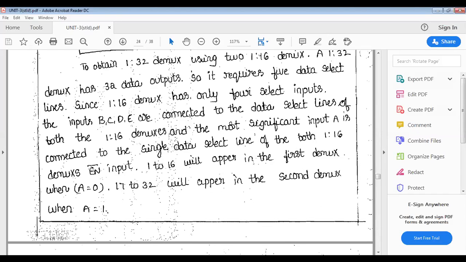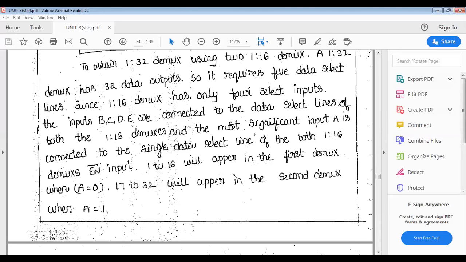You see the enable bar, EN bar input. The first demultiplexer appears when A is equal to 0. You see here, when A is equal to 0, it is not 1 to 16, it is 0 to 15 that will appear in the first demultiplexer, and 16 to 31 will appear in the second demultiplexer when A is equal to 1, because we are taking the complement of the enable input.